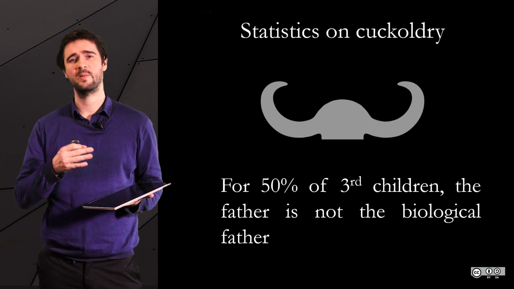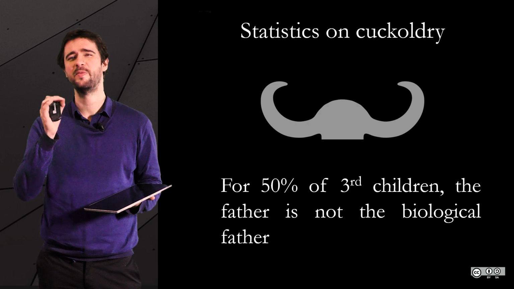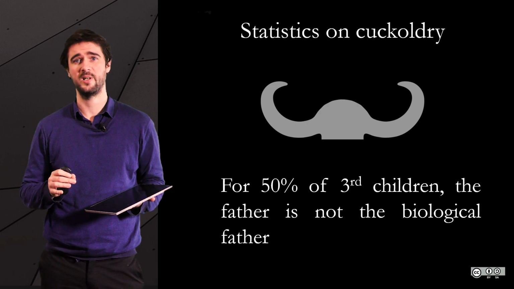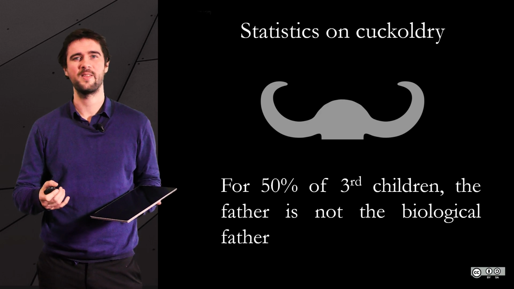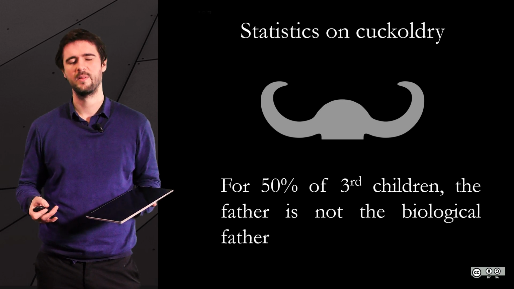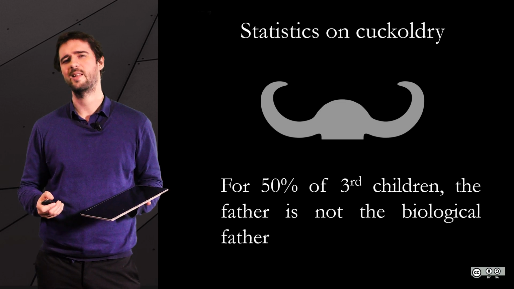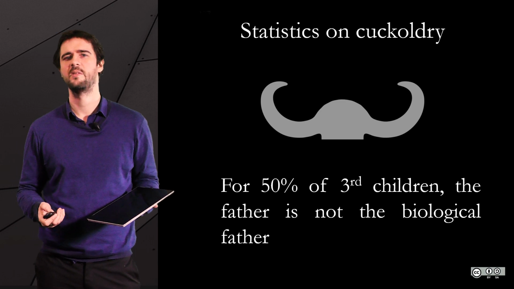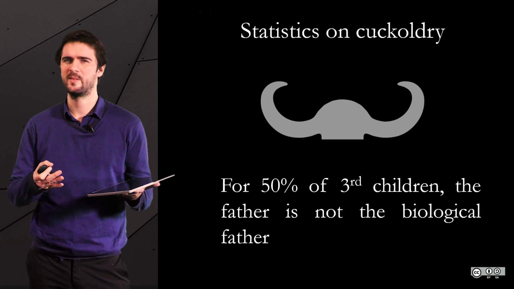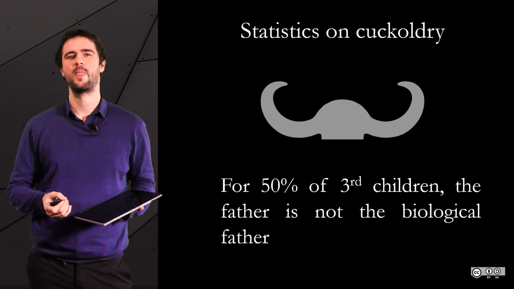I have read on countless occasions that up to 50%, when it comes to the third child, the father is not the father biologically speaking. Imagine the kind of harm that such generalizations can make. That's giving the kids suspicious looks and so on.